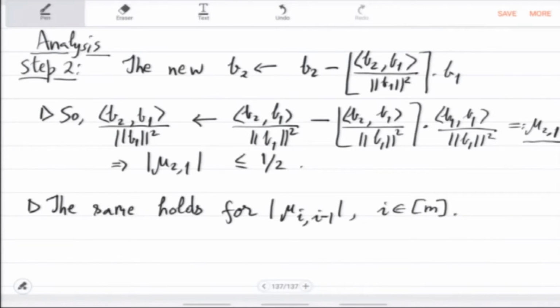This property is true for all i by the same argument. Also, the transformation that you are doing is just subtracting a multiple of B1 from B2, it is not scaling B2. So since it is not scaling B2, this is unimodular and the lattice does not change.